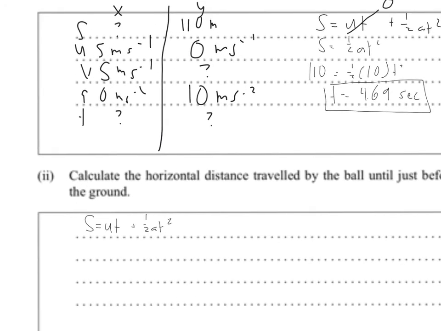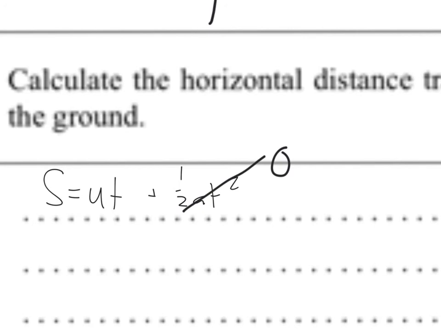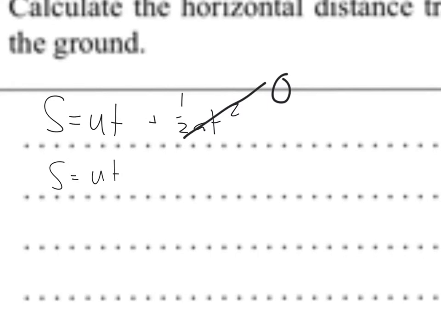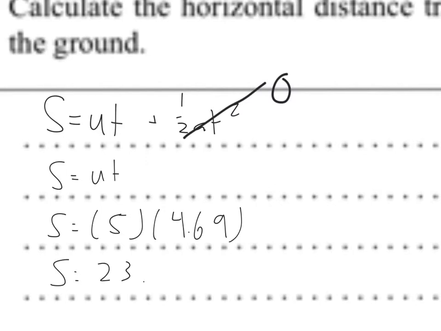Because there is no acceleration, this 1/2 at squared goes to 0. So we now just have s equals ut. Plugging in values, we have s equals u, which they gave to us as 5 meters per second, times time, which we just calculated to be 4.69 seconds. So our distance in the x is approximately 23.5 meters.